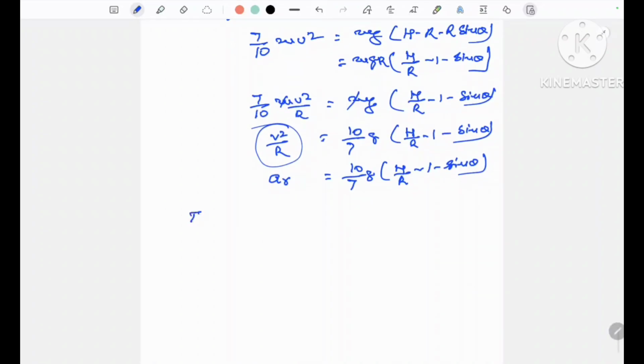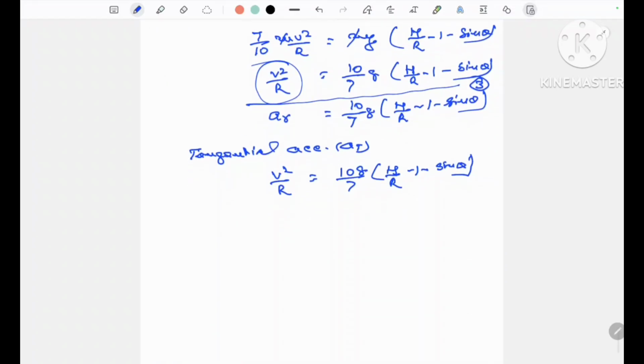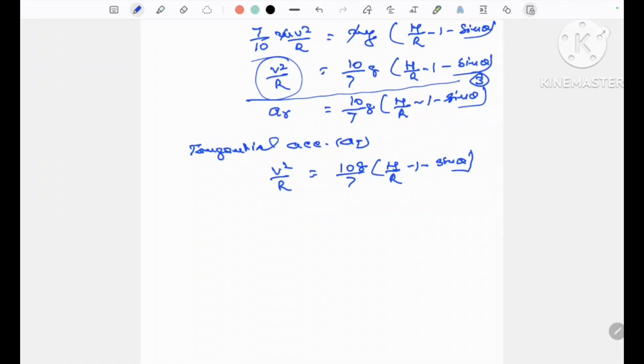Now, for tangential acceleration, at. From this equation number 3, v square by r is equal to 10g by 7(h by r minus 1 minus sin theta), or v square is 10gr by 7(h by r minus 1 minus sin theta).